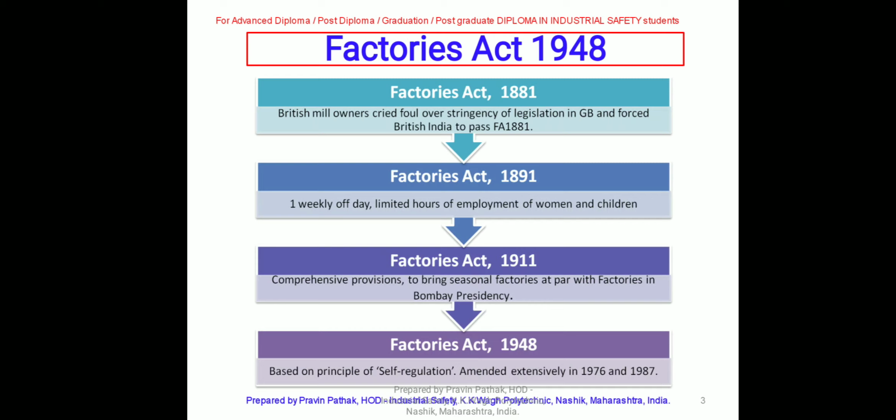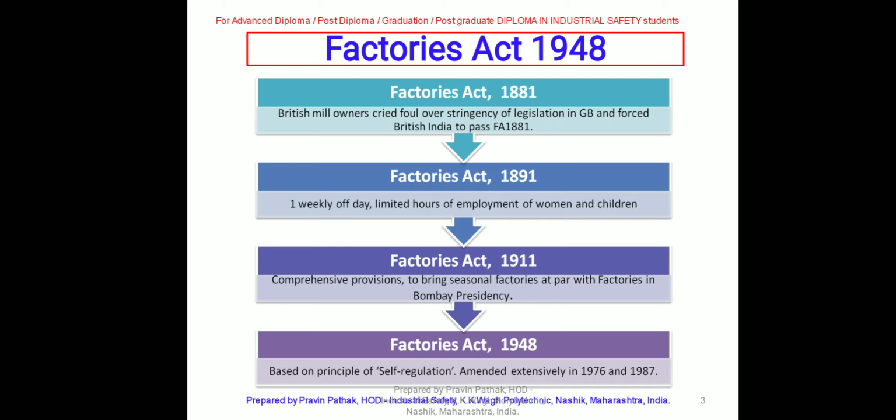In 1881, the British mill owners cried foul over the stringency of legislation in Great Britain and forced British India to pass the Factory Act 1881. Then it was amended in 1891 with the main focus on one weekly off day and limited hours of employment of women and children.